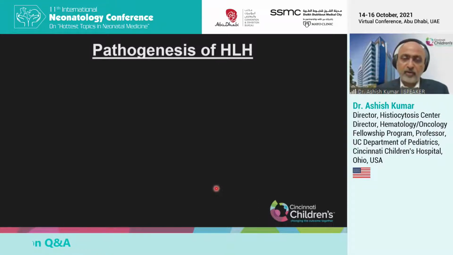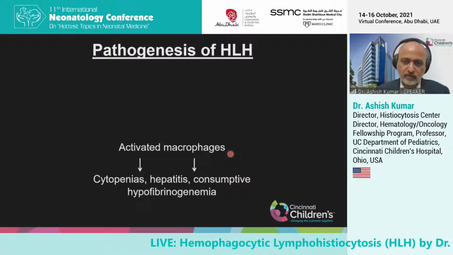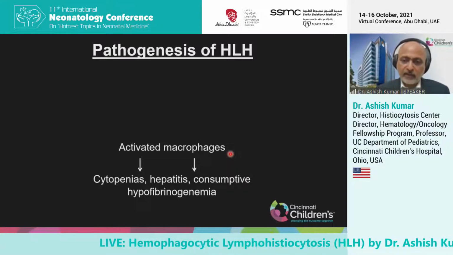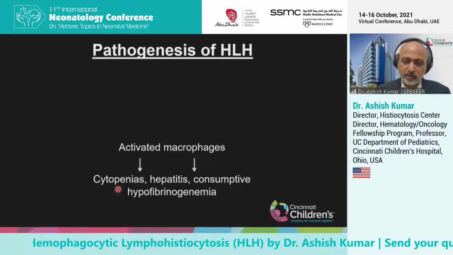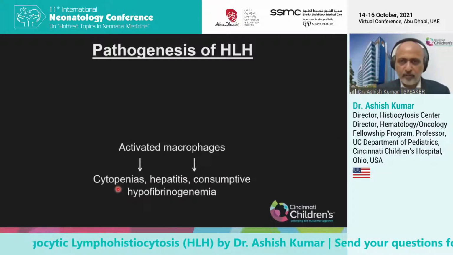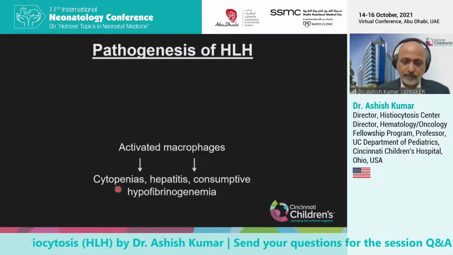How does extensive inflammation manifest itself in all of these conditions? We know that in all of these conditions that give rise to the manifestation of HLH, there is activation of macrophages. These activated macrophages eat blood cells, which leads to cytopenias. So thrombocytopenia, anemia, neutropenia, usually all blood lines are affected.